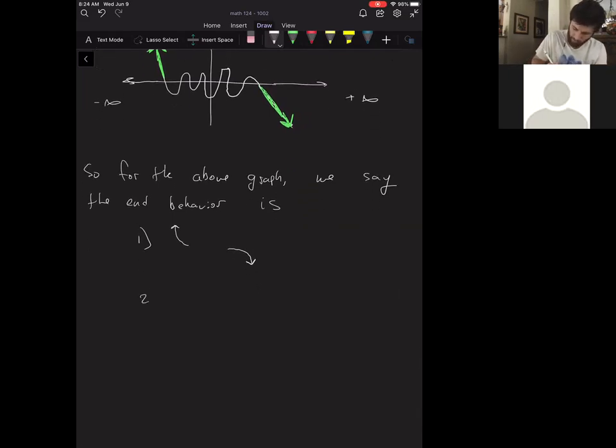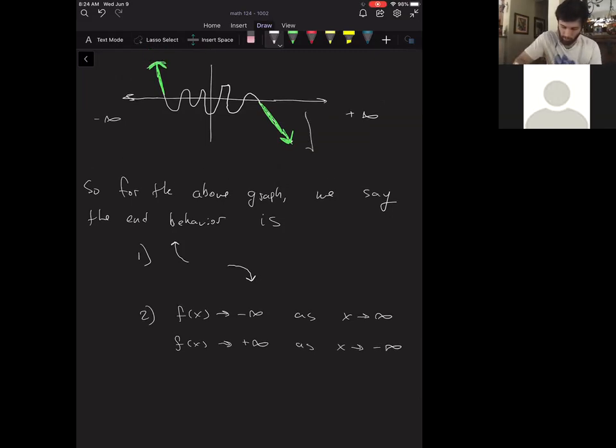Another way of writing it is f of x goes to minus infinity as x goes to infinity, and f of x goes to positive infinity as x goes to minus infinity. What this means is f of x goes down forever as x goes to infinity, as we move over to the right side.